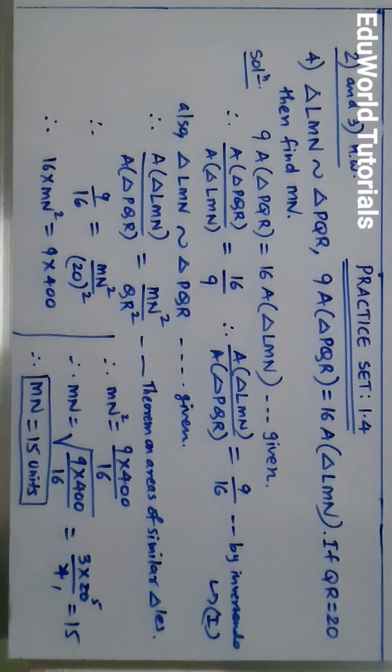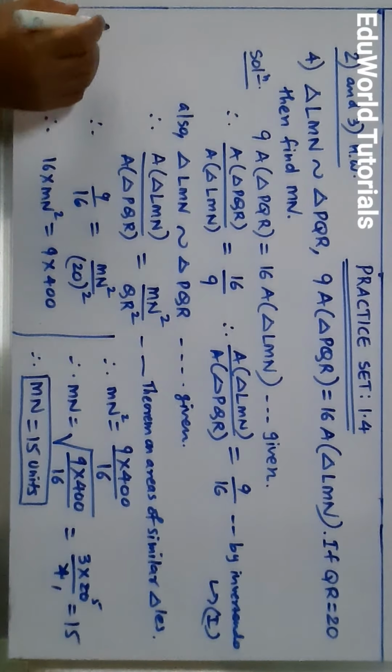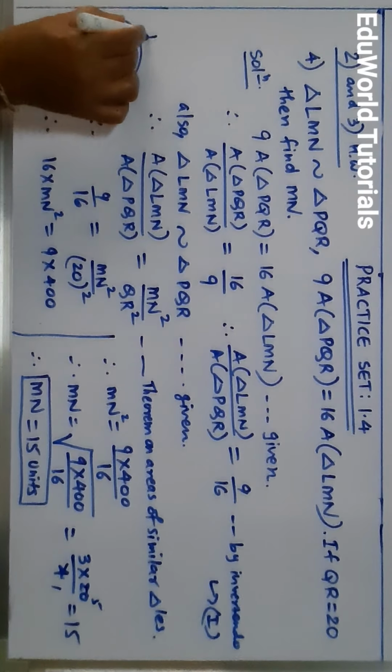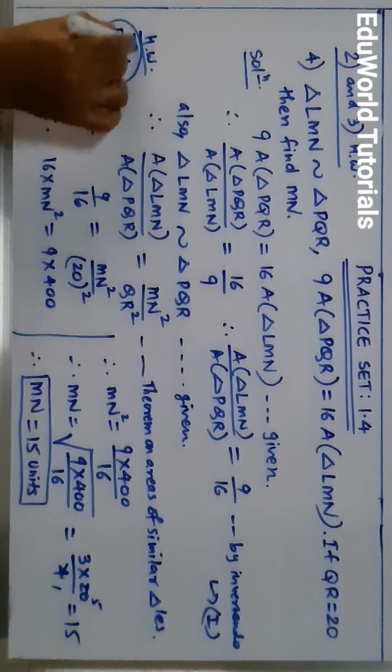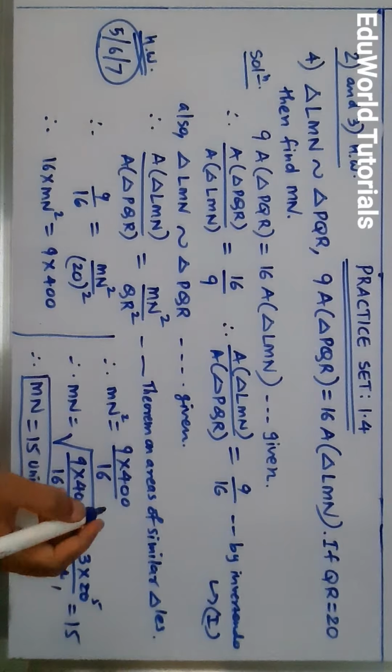So I feel I should not do the remaining sums. I have already given 2 and 3. Now sum number 5, 6 and 7 you should try to solve by yourself. All these sums are based on the theorem on areas of similar triangles.